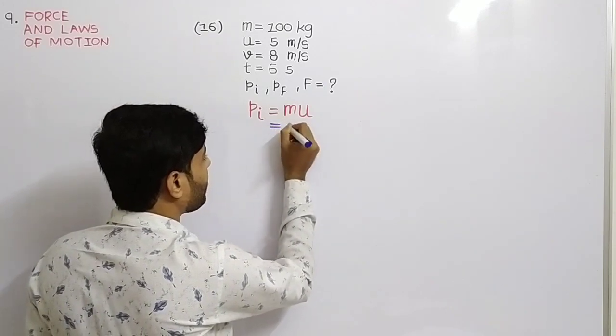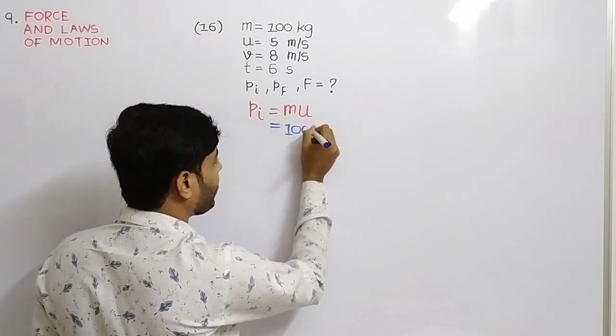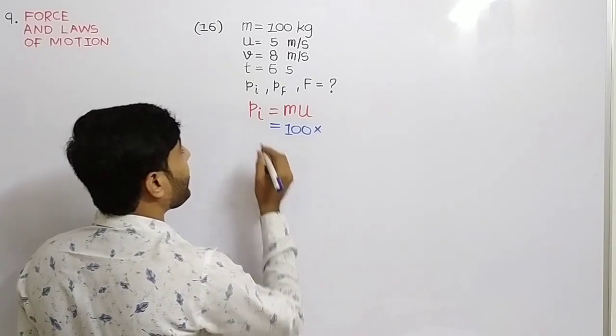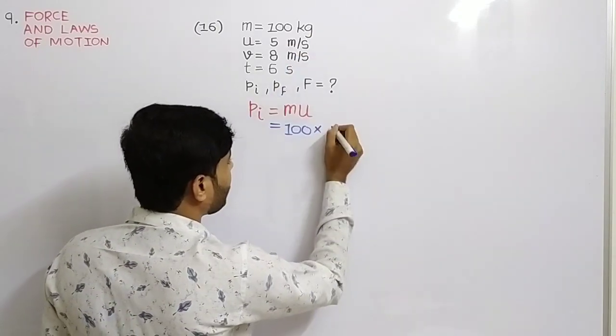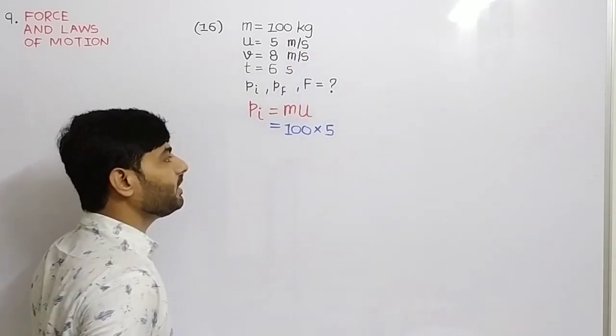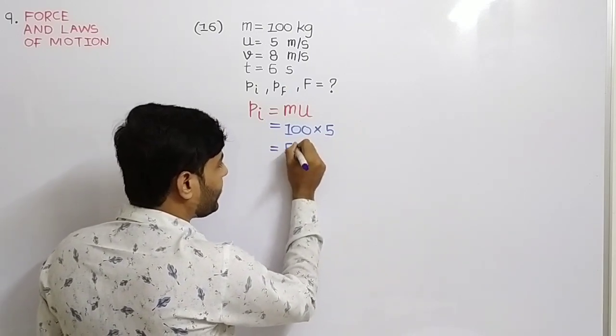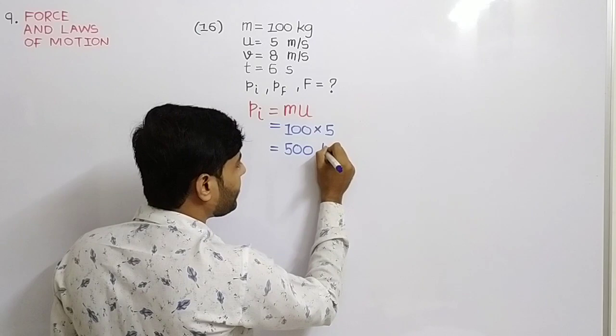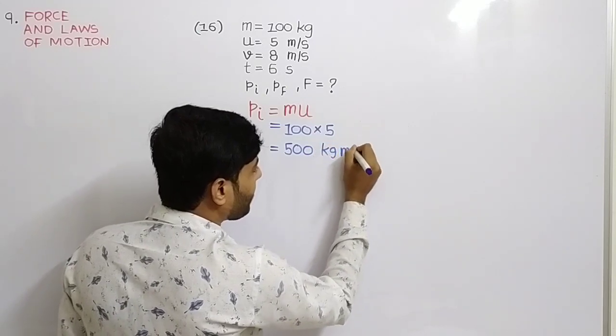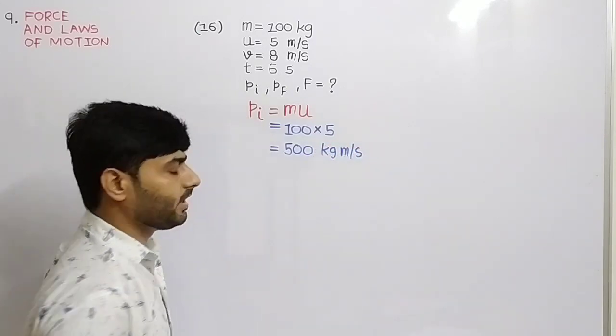So we have mass is equal to 100 kg multiplied by initial velocity, which is 5 meter per second. So we have 100 into 5, that is 500 kg meter per second.